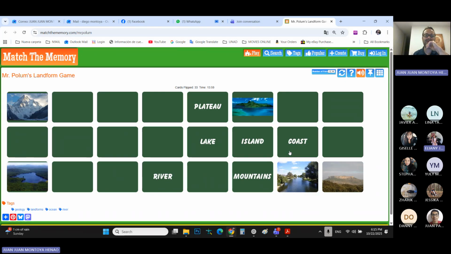I'm not sure. The third column and the second row. Oh, volcano. Where do we find it? Well, that's one, the one that I showed before, the first column, second row. Oh, very good. You made a match. What else? Who's next?